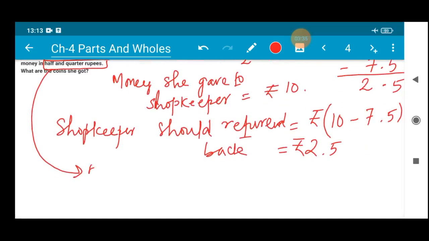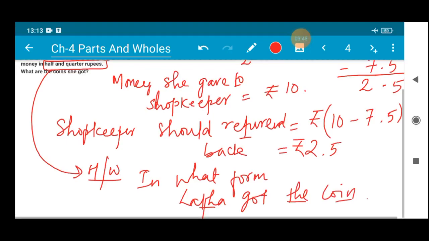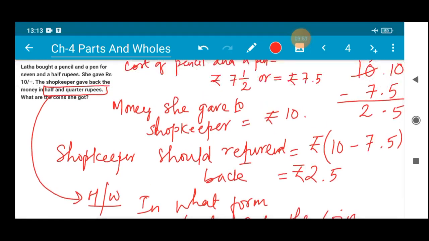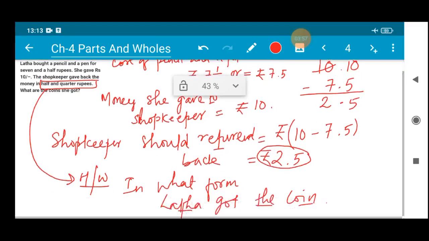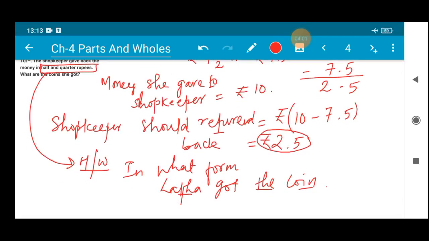Now your homework is to find in what form Lata got the coins. In what form is the shopkeeper actually returning the money, half and quarter rupees? How many, in what forms are the possibilities that the shopkeeper has returned, that you have to find is your home assignment.